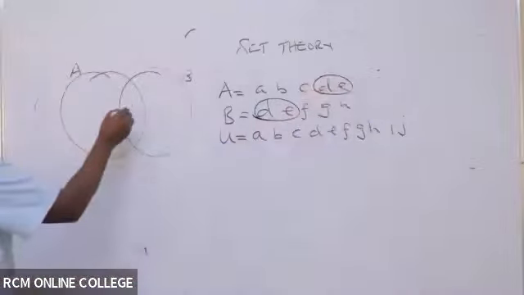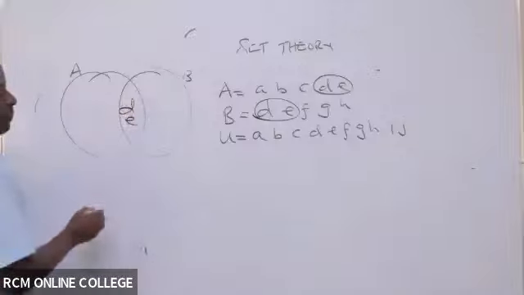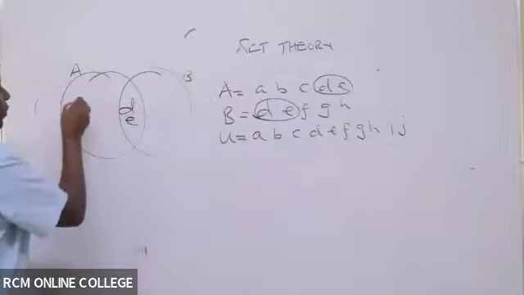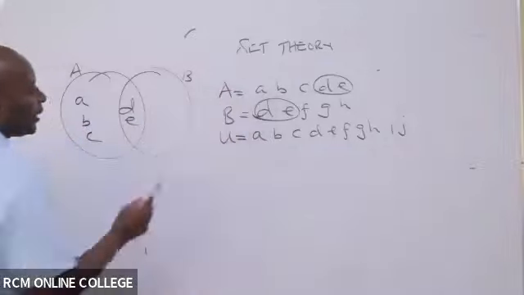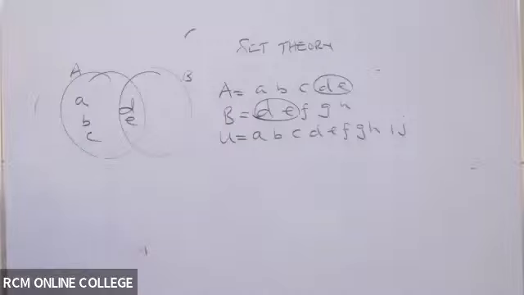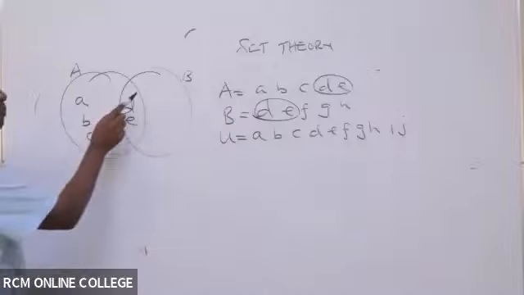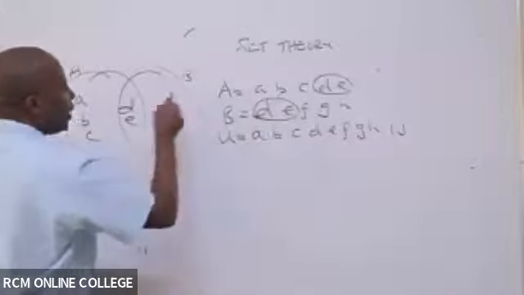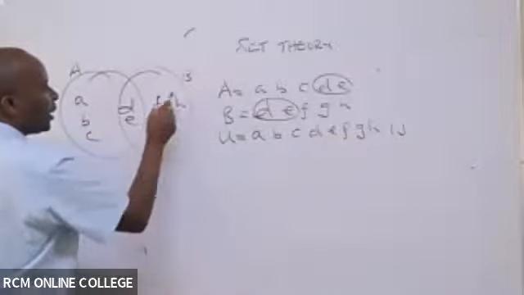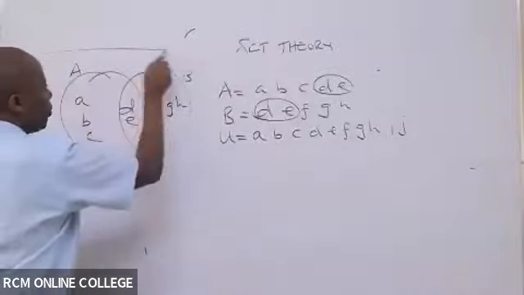So D and E are here. But for A only, we have A, B, C. And then for B only, we have F, G, H.